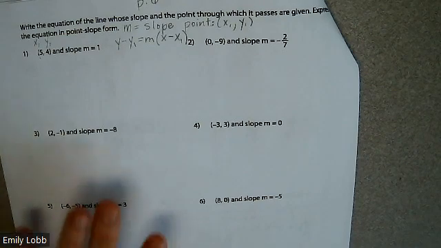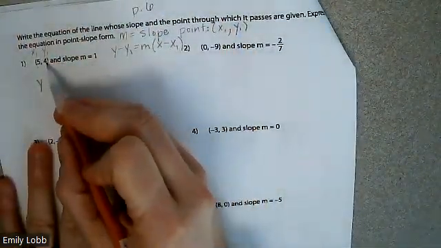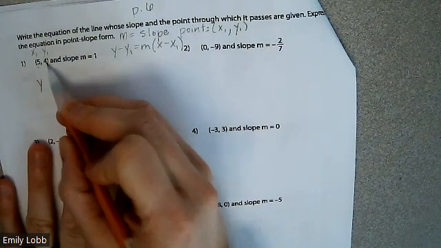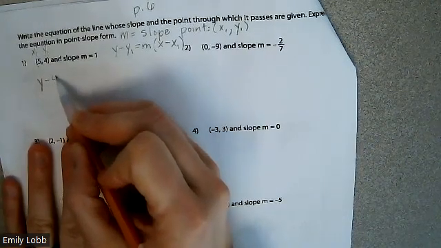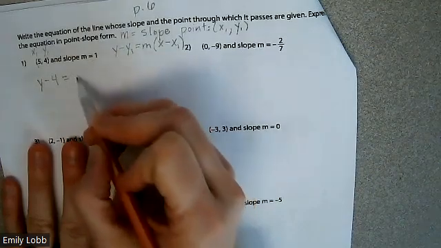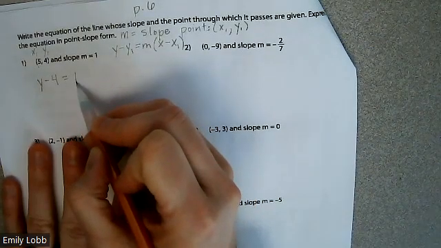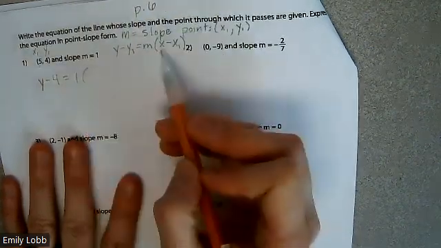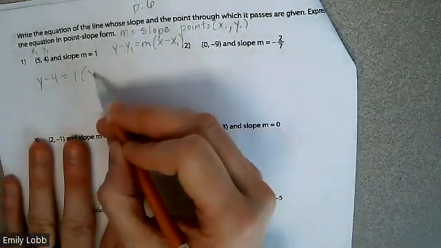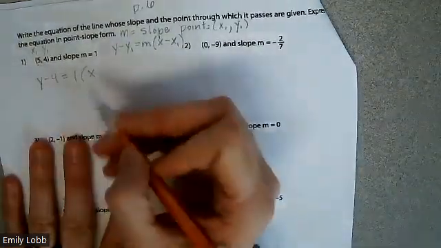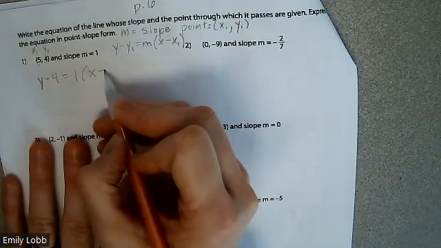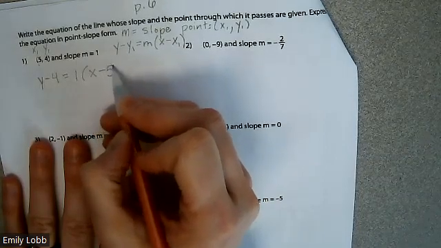X then y. So y, what's the opposite of our y value? -4 is equal to our slope, so you could put 1 in here, times x. What's the opposite of our x value? -5.